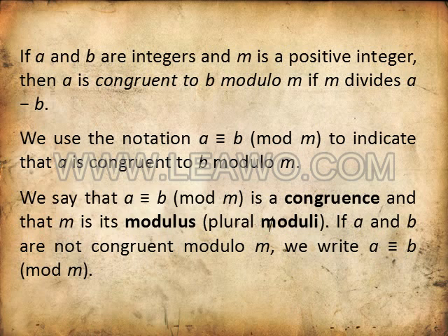We use the notation a ≡ b (mod m) to indicate that a is congruent to b modulo m. We say that a ≡ b (mod m) is a congruence and that m is its modulus. If a and b are not congruent modulo m, we write a is not congruent to b modulo m.